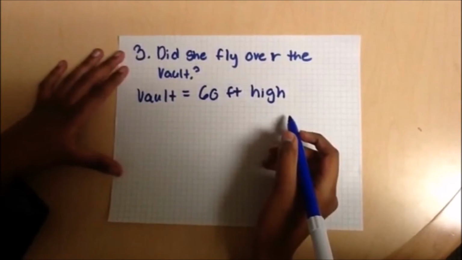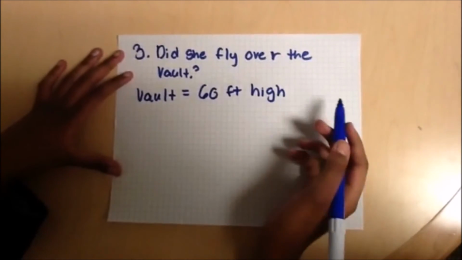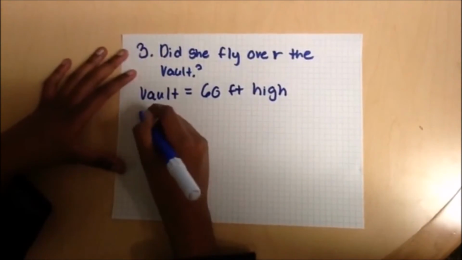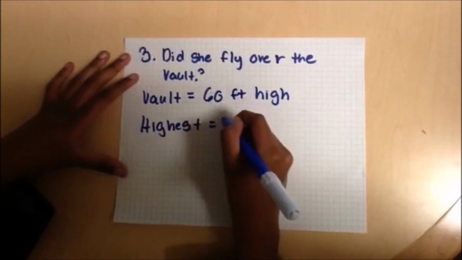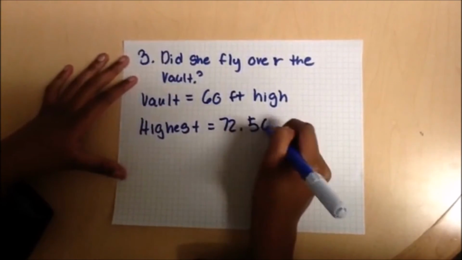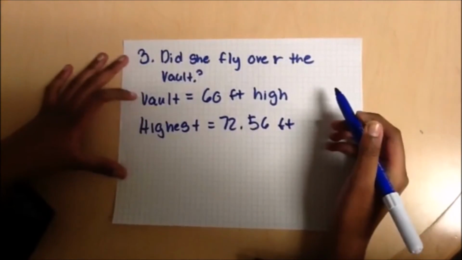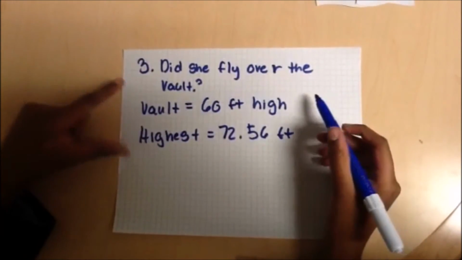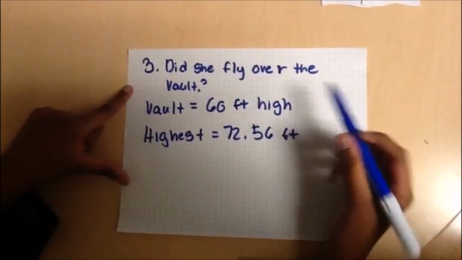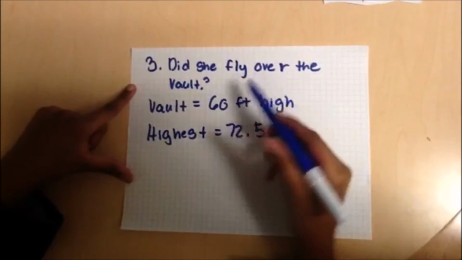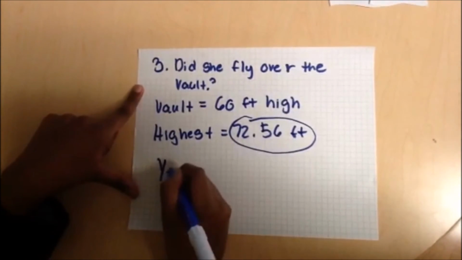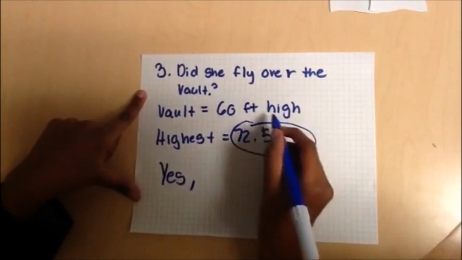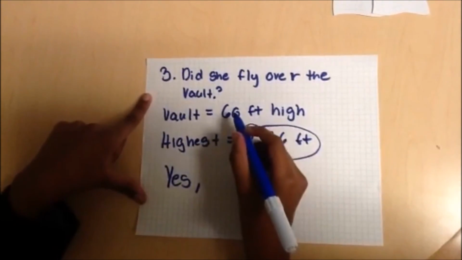And we remember that our y value, her highest point, was that she got as high as 72.56 feet. So if we were to assume that she went over the vault, this means that because her highest point was at 72.56 feet, yes, she did fly over the vault, because 72.56 feet is larger than 60 feet.